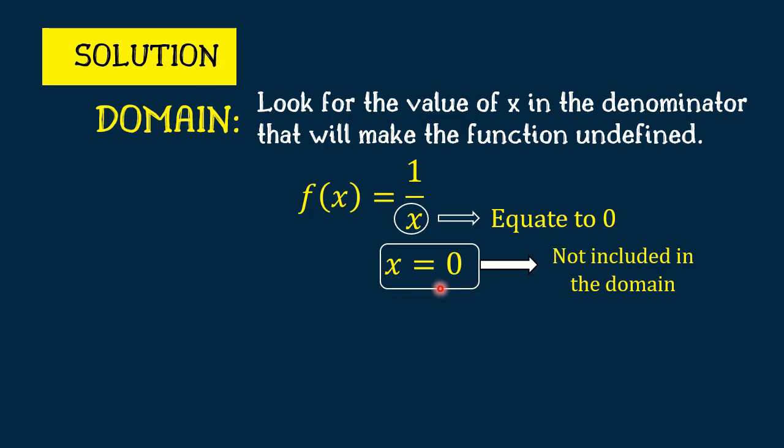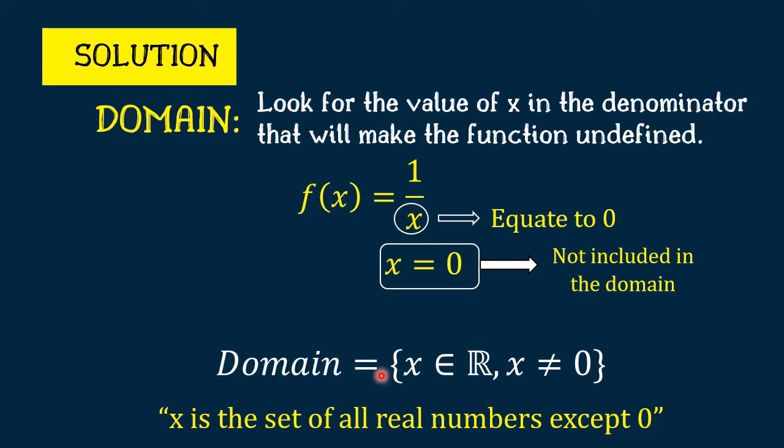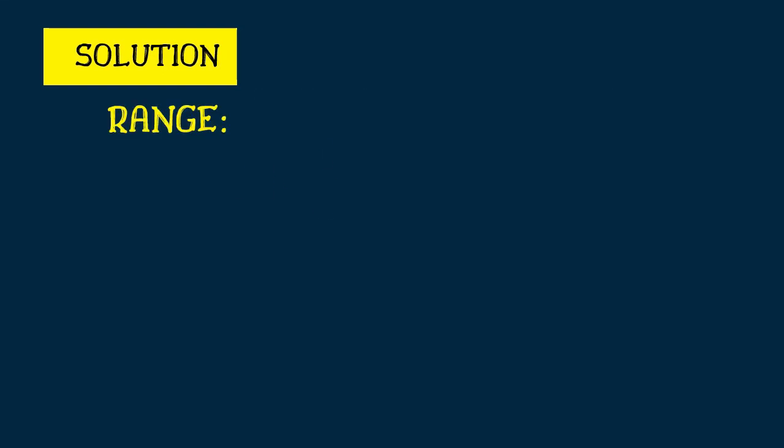Therefore, this value, which is 0, is not included in the domain because it will make our rational function undefined. Therefore, we can conclude that our domain is the set of all real numbers except for 0 because it will make our function undefined. Next is the range.